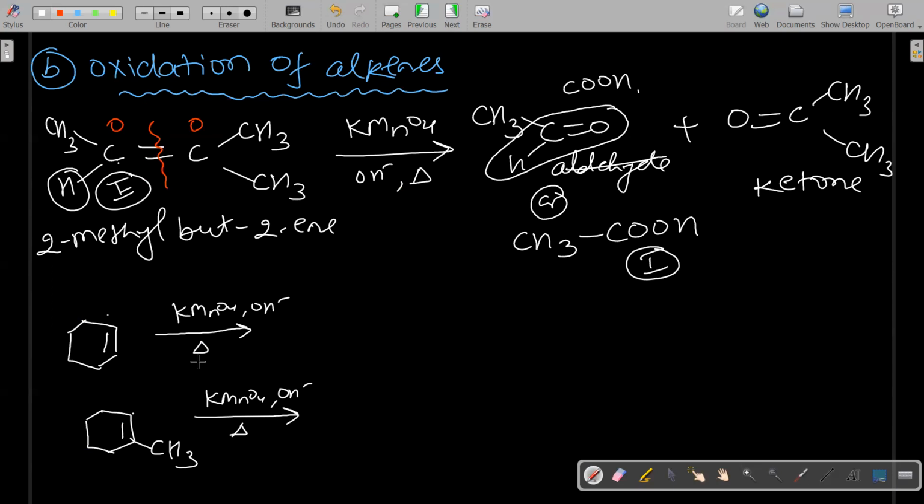Now you can see one example. I have given one more example. This is one example, and this is a second example. You can see what happens in this case. This double bond cleaves, and this is a CH carbon. I told you CH means aldehyde, but that will convert into acid. So if CH is there, then we get carboxylic acid. So this CH group converts into COOH, and then we can write it like this, and the second CH also converts into carboxylic acid.